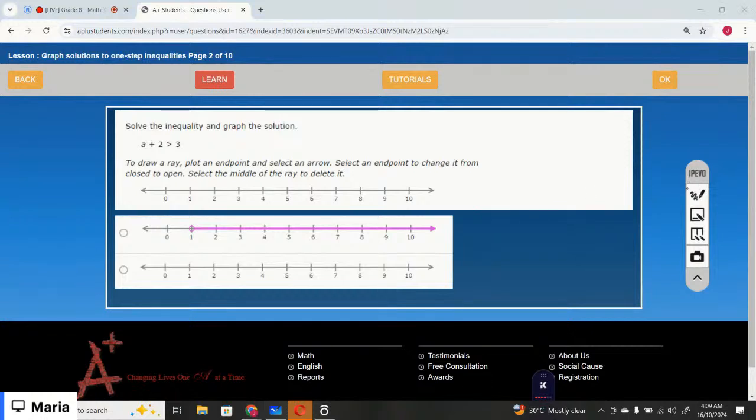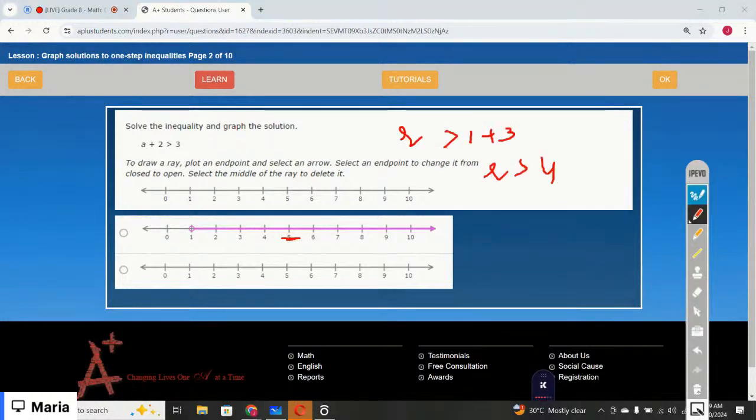So first we have to solve a plus 2 is greater than 3. Move 2 to the other side, so that would be a is greater than 3 minus 2, so a is greater than 1. So which is the correct option, option 1 or 2? Just look at the graph. Which is the correct option?